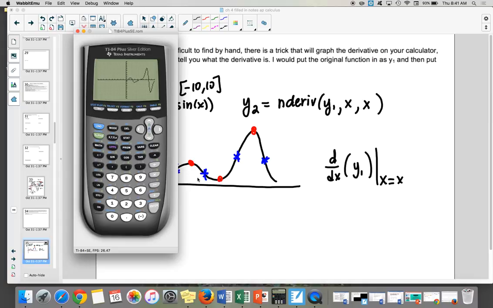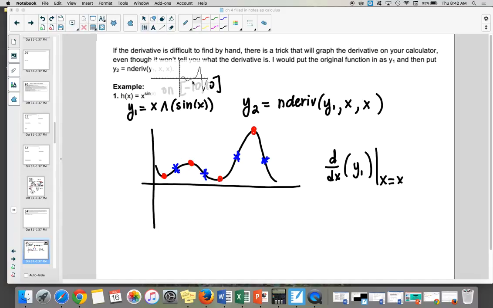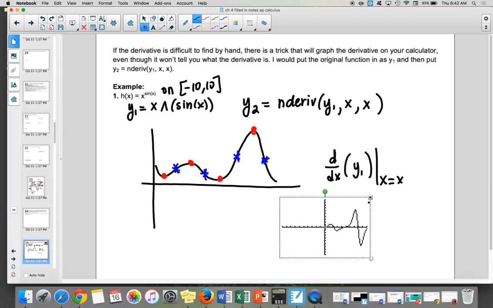But if you think about it, I have enough information to find a point of inflection, even on that first derivative. How do I find a point of inflection if I have f prime? Kind of weird. It's where the slopes are equal to 0, right? And where are our slopes equal to 0 on this graph? Make this bigger.